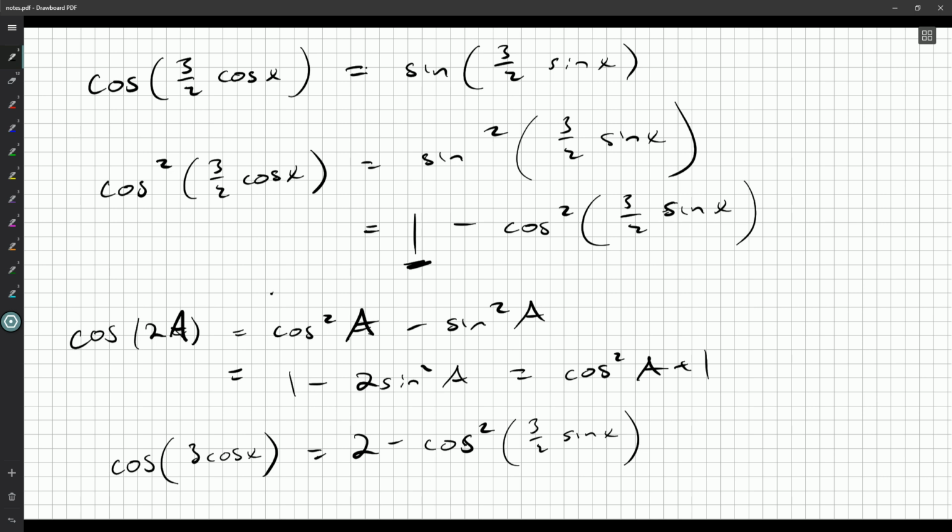All I really did was make it cos of 3 cos 3 cos x, which can be expanded out into cos of cos x, but I don't see that going anywhere useful.